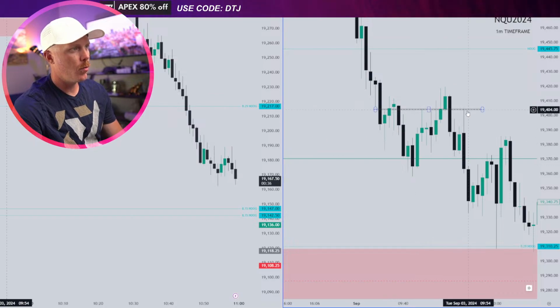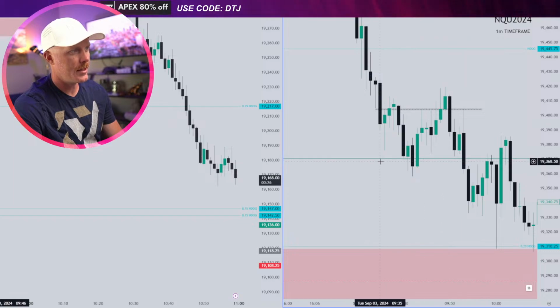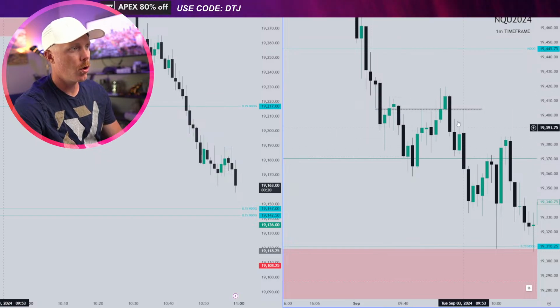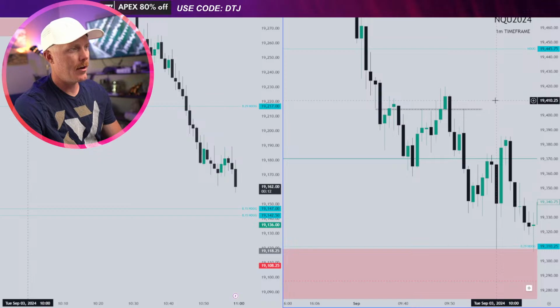So I don't know if I would have taken this short here. Even though it plays out in hindsight, I don't think I would have had the guts to take it because I would have seen this previous day low taken here. I really would have been looking for longs, or felt that it would be short-lived and could manipulate me out of a position.